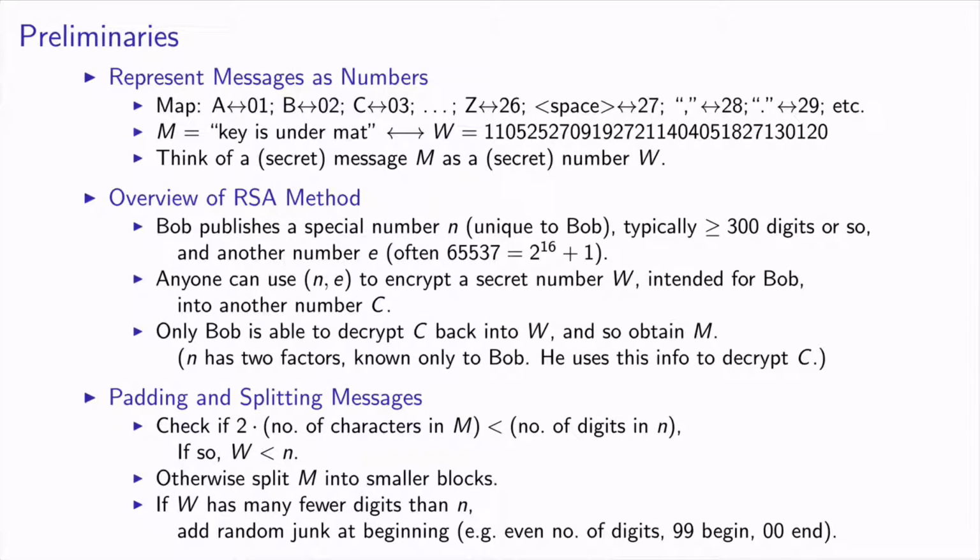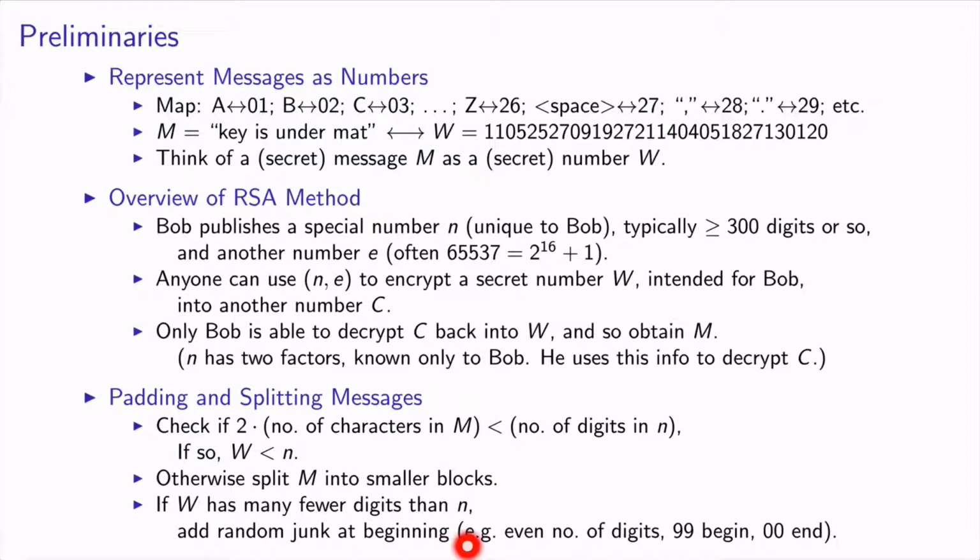Now, if W is bigger than N, then we simply split M into smaller blocks so that each block satisfies this simple condition here: twice the number of characters in M is less than the number of digits in N. Now, if W has many fewer digits than N, for security reasons, what we should do is pad out W with some random junk at the beginning.